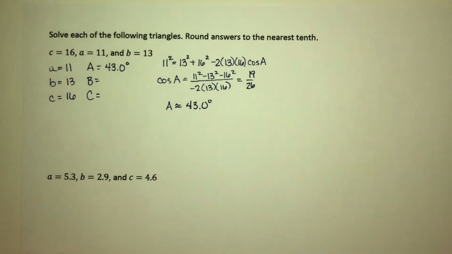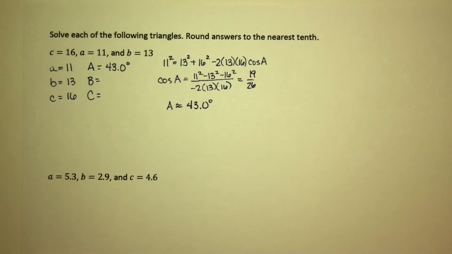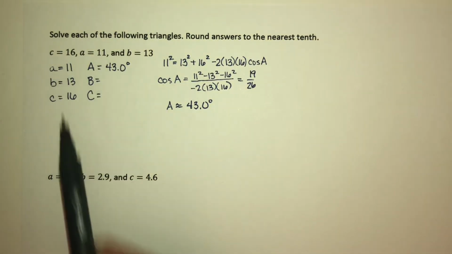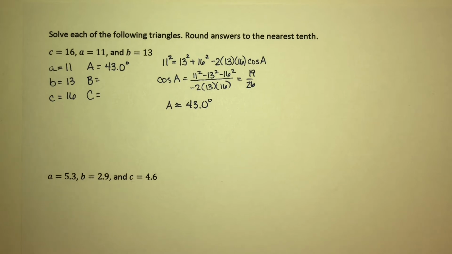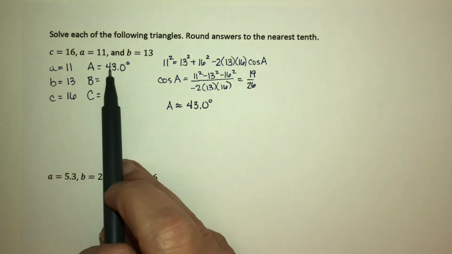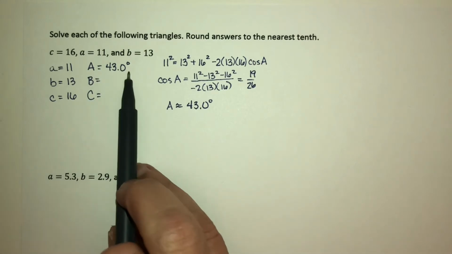Now I'm going to find angle B. Theoretically, since you have this now, I could use the law of sines to calculate the next angle if I wished, but I would have to be careful about not using this approximation in my calculations.